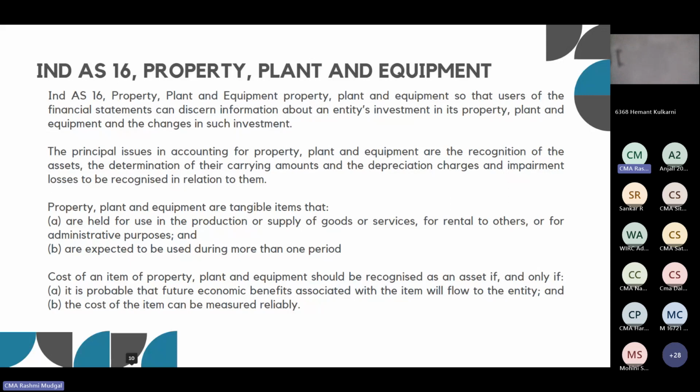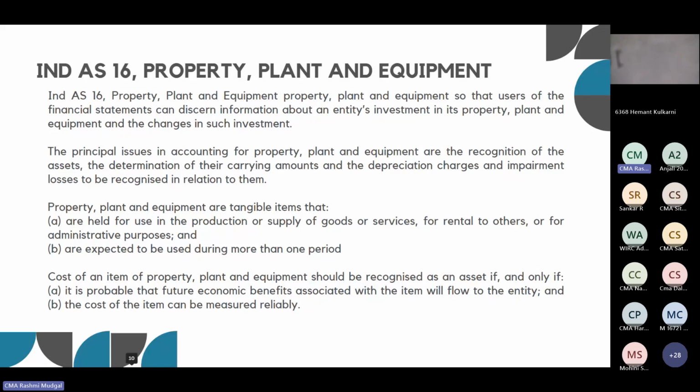So we need to see plant and equipment so that users of financial statements can discern information about the entity's investment in property, plant, and equipment and changes in such investment. The principal issues in accounting for property, plant, and equipment are recognition as an asset, determination of their carrying amount, and depreciation charges and impairment losses, which I told you about.